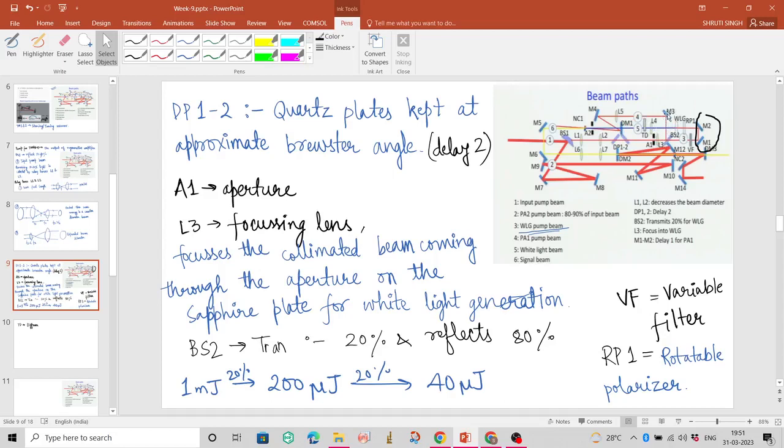This is now pump light, the red one is the pump. So M3 and M4 make the pump light collinear with the white light. These two are collinear, and then they hit the crystal NC1, which generates the signal. After coming out of the nonlinear crystal, the pump light is blocked, and we move along with the signal.